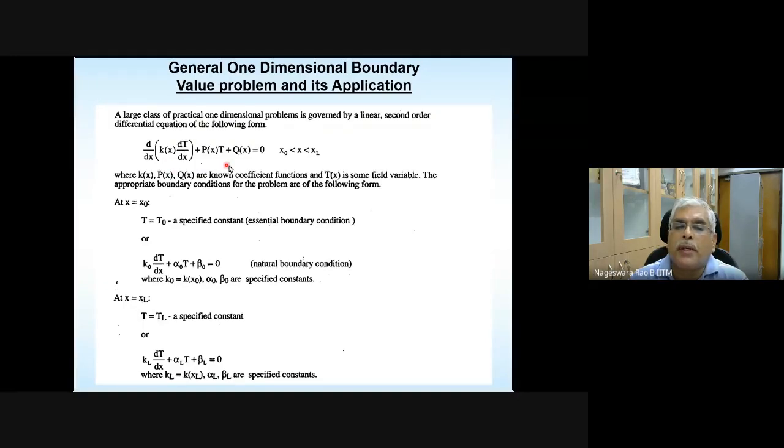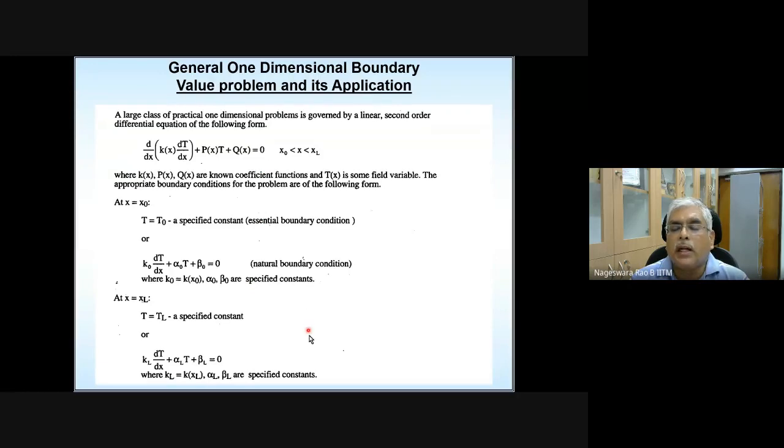So you need to prepare a comparative table between the corresponding quantities in the general boundary value problem and the specific application that you are looking at, and then accordingly you can write the element equations. And these are the boundary conditions. Even for the specific application, you need to compare with these boundary conditions, because all this information is required for us to write the element equations.